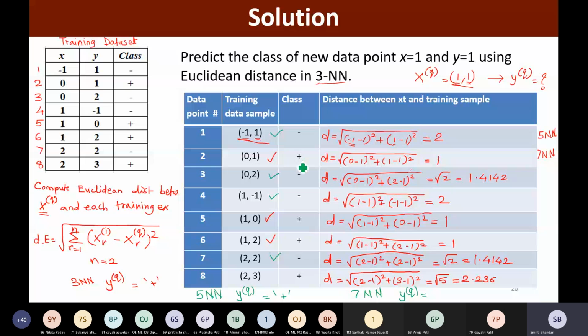Out of these 7, 3 samples have positive class and 4 samples have negative class. So majority samples 4 are having negative class. So if we go for 7NN, then YQ is predicted as negative class. Got it?